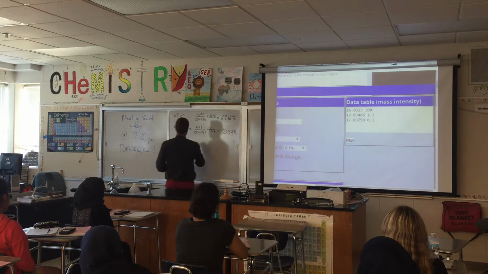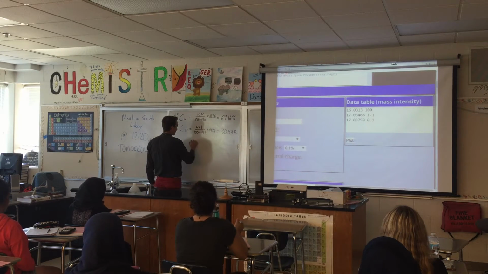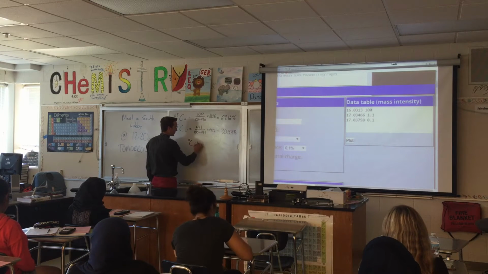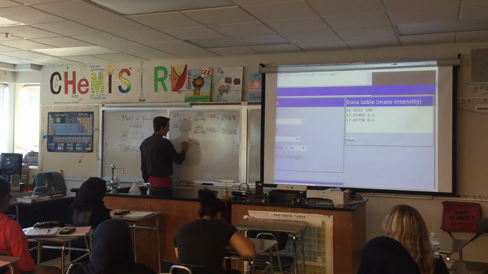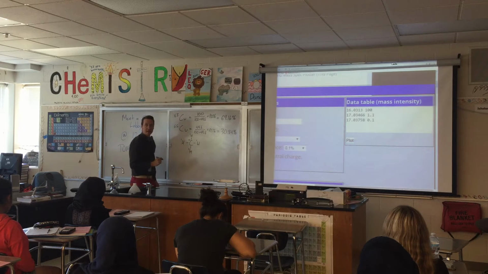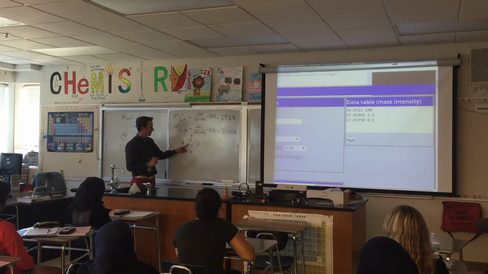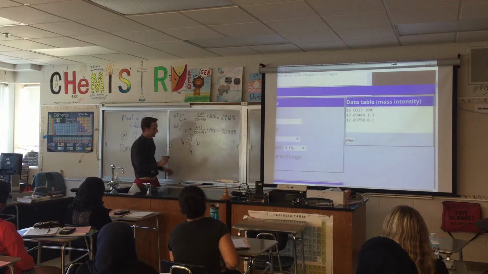Well, the normal one is CH4, where you have carbon 12 with hydrogen 1s attached to it. Those are the most common isotopes of those atoms. But instead of carbon 12, you can have a carbon 13 in this molecule.